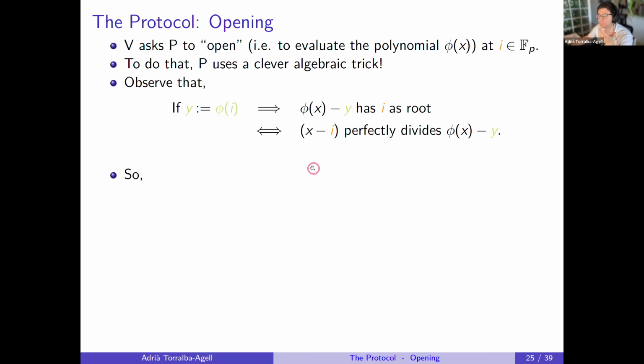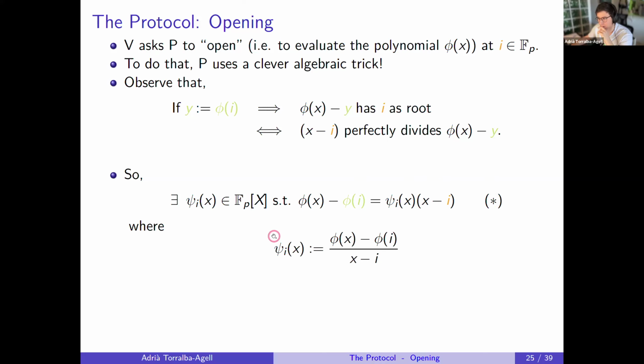So this means that there exists another polynomial in the same field such that phi of x minus phi of i, this new polynomial here, is equal to this quotient polynomial times the thing we divided by. And this will be really interesting and important here.